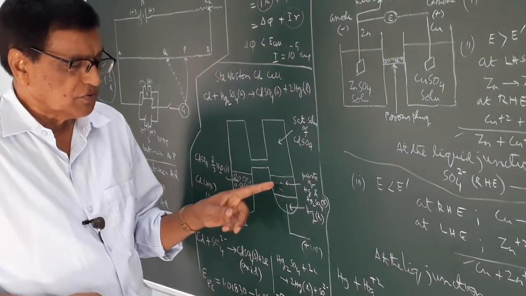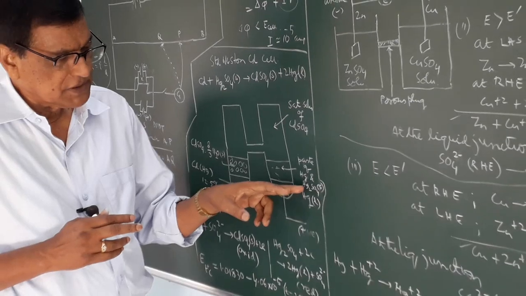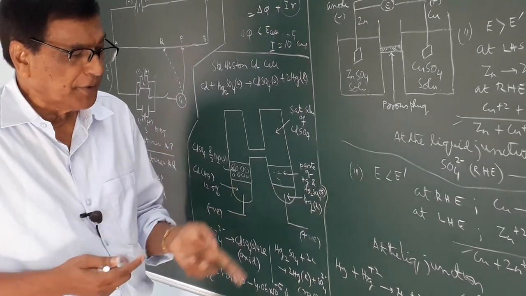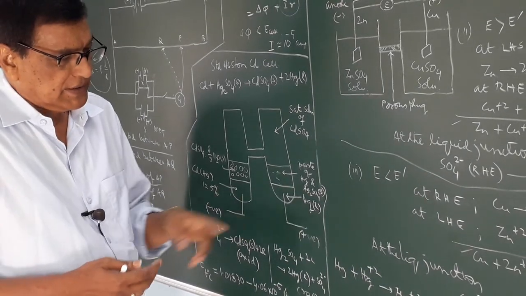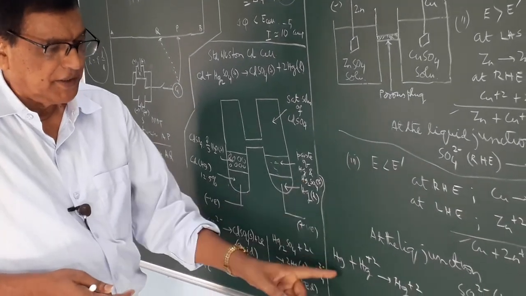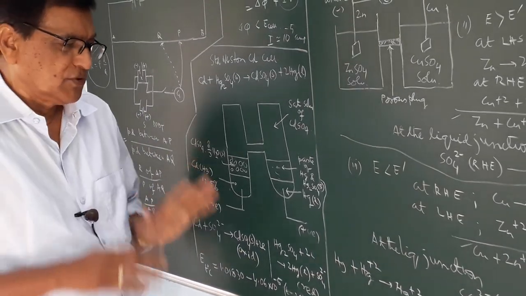So in order to prevent the conversion of mercurous sulphate to mercuric sulphate in any way, this mercury is also added, and by means of disproportionation reactions this is controlled.